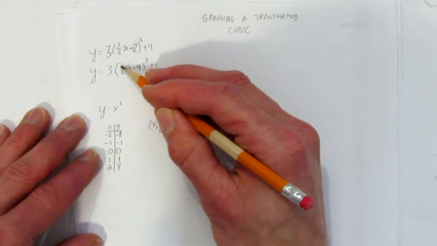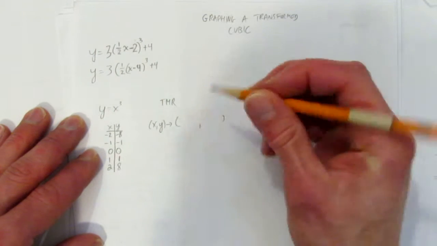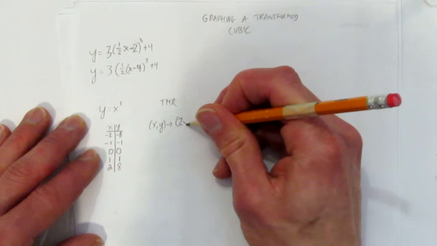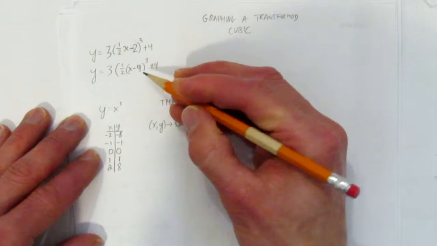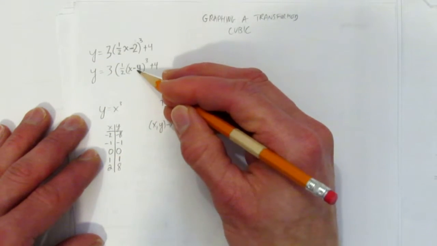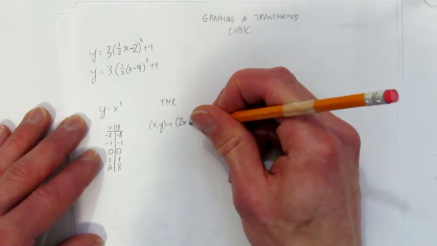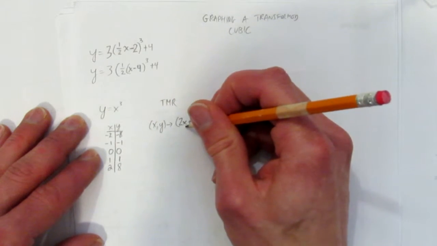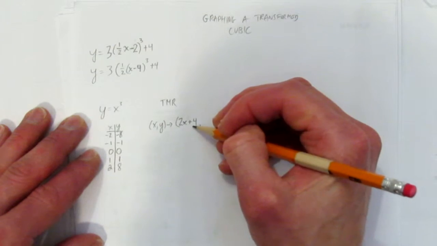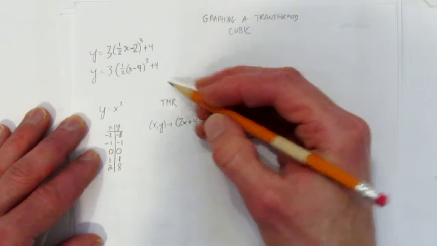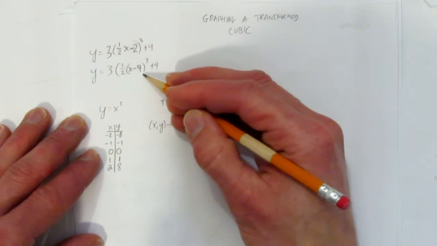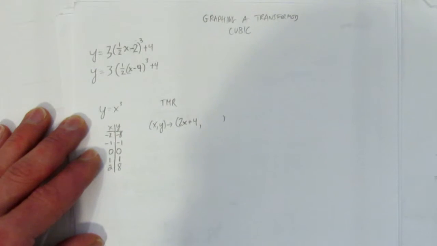So this half means do the opposite of divide by 2. Well, we're going to times all the x's by 2. Just like with this take away 4, we do the opposite of take away 4, which is plus 4. So we're going to take all our x's and times them by 2 and add 4. That's the mapping rule that the transformation of this cubic tells us to do.